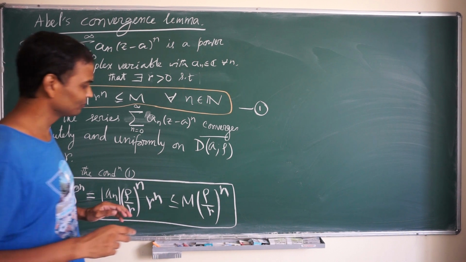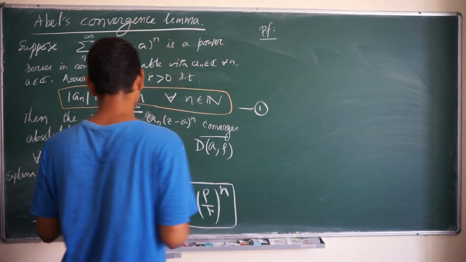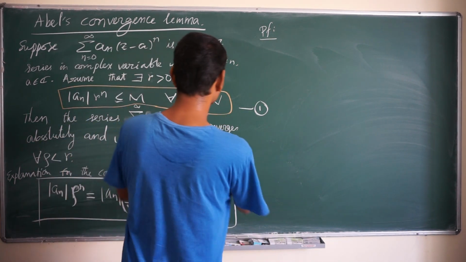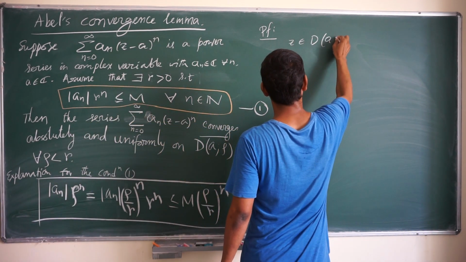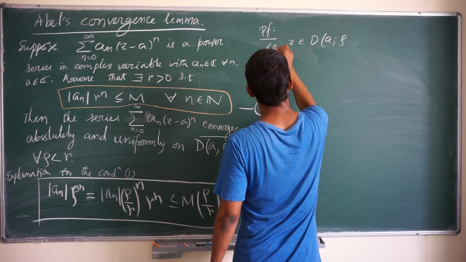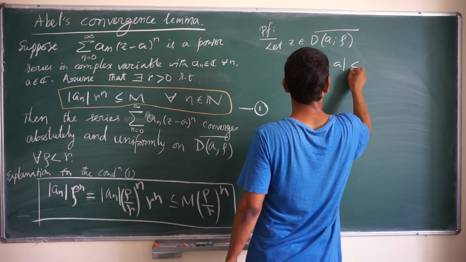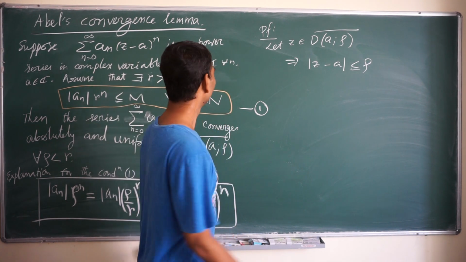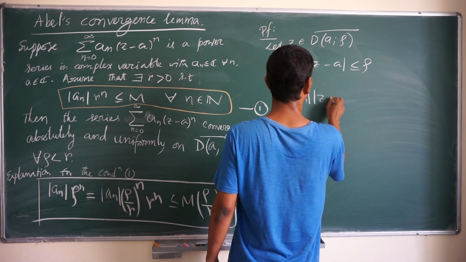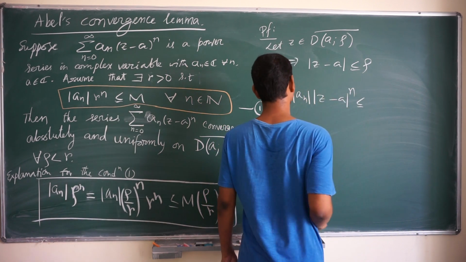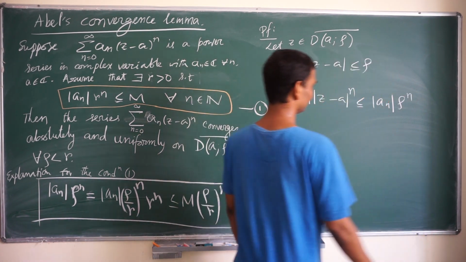So let me write the proof. If z belongs to the closed disk D(a, rho), this implies mod of z minus a is less than or equal to rho. Now this implies mod a_n times mod z minus a to the power n is less or equal to mod a_n rho to the power n, because of this one.